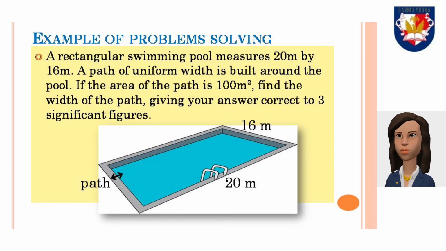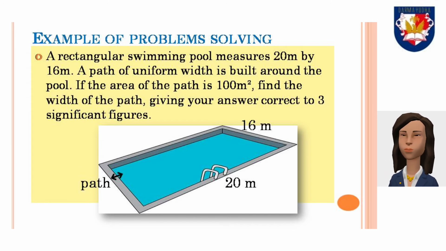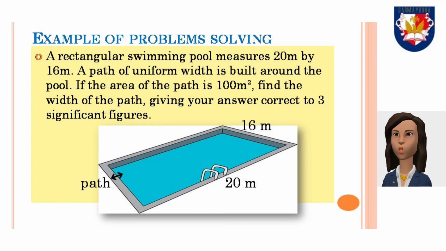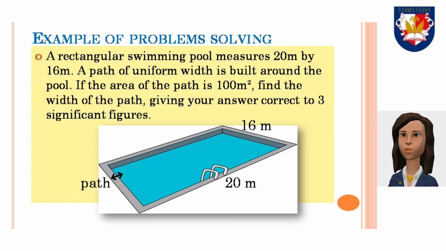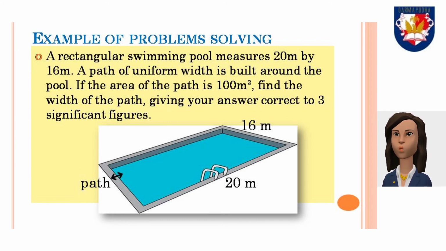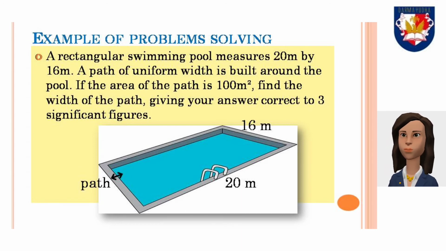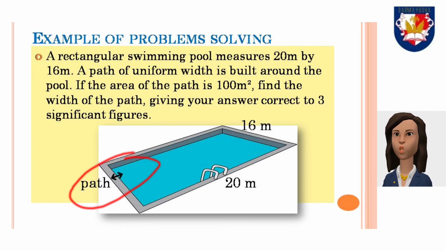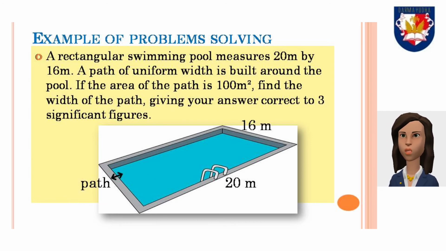If the area of the pad is 100 meters squared, find the width of the pad, giving your answer correct to 3 significant figures. Remember, significant figures, not decimal places. Look at the picture. Which one is the pad, which one is the length, and which one is the width of the pool.